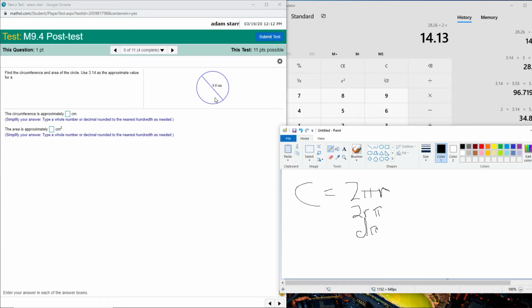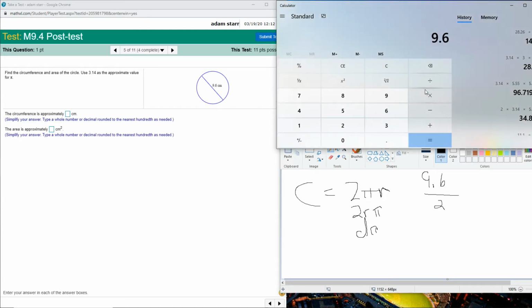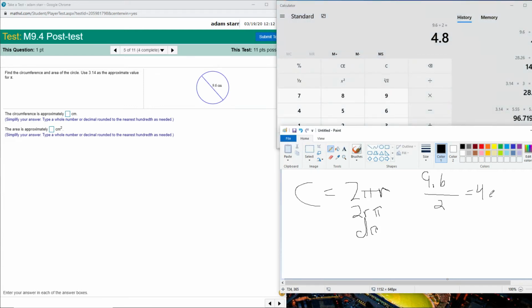I already have the diameter, okay, but I am going to have to find the radius for the area question, so I'm just going to do that first. So I'm going to take my diameter and divide it by 2. Which is 4.8. So that is my radius. And now using the circumference formula, again it says use 3.14 instead of pi.